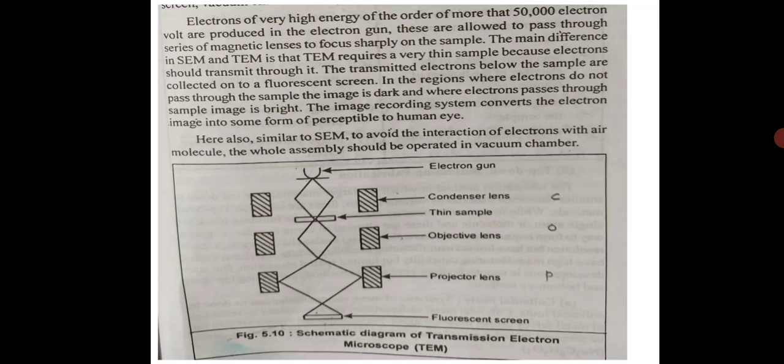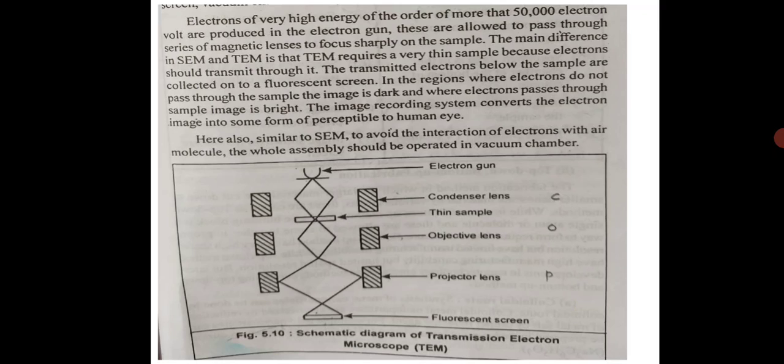In the regions where electrons do not pass through the sample, the image is dark, and where electrons pass through the sample, the image is bright. The image recording system converts the electron image into a form perceptible to human eyes.